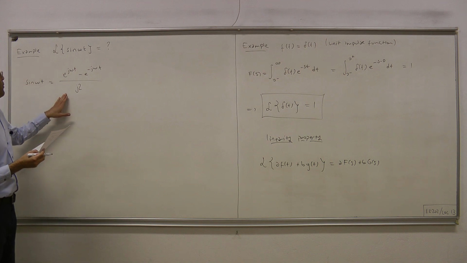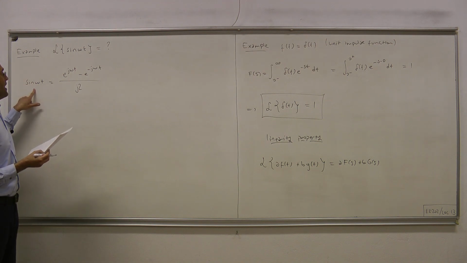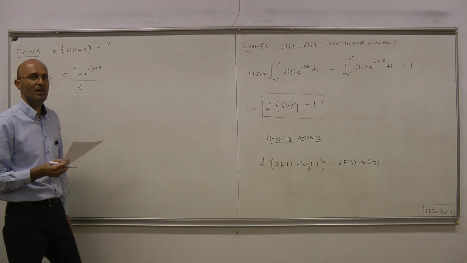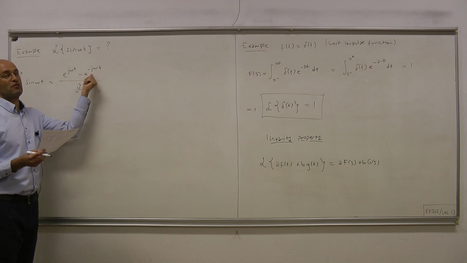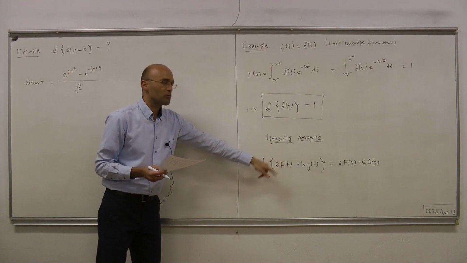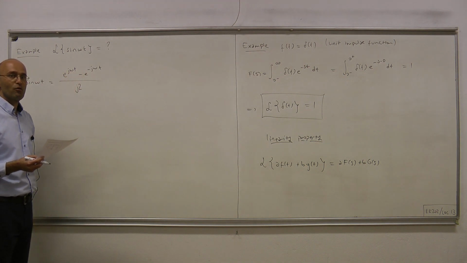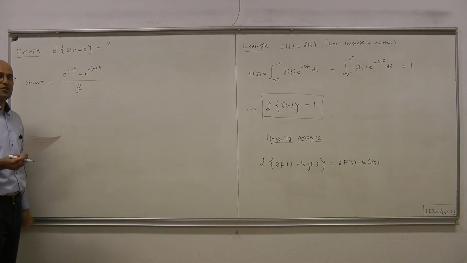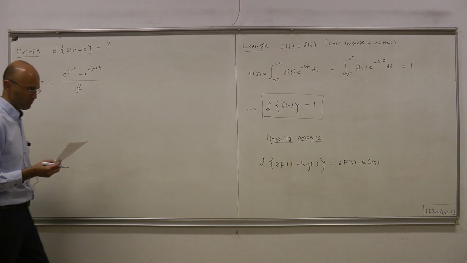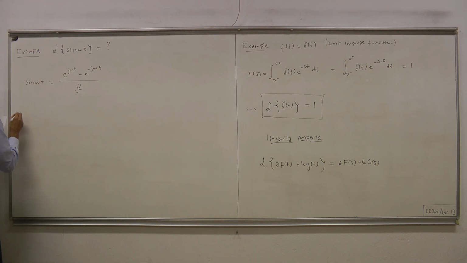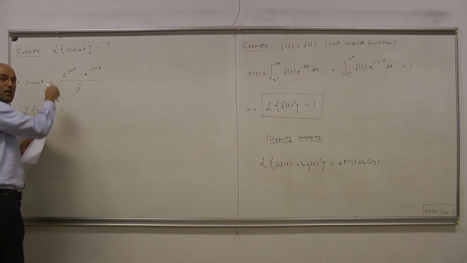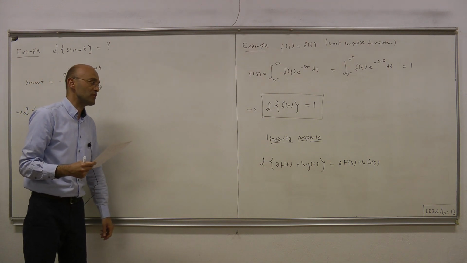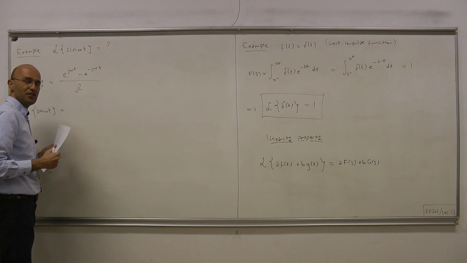Now we have sine omega t written as a sum of two separate exponential functions. Therefore, if we know the Laplace transform of this and of that, by using the linearity property, we can add those two Laplace transforms and obtain the Laplace transform of sine omega t. So let's do that. The Laplace transform of sine omega t equals, first of all, we can take this 1 over j2 outside the transformation, because we can take it outside the integration.